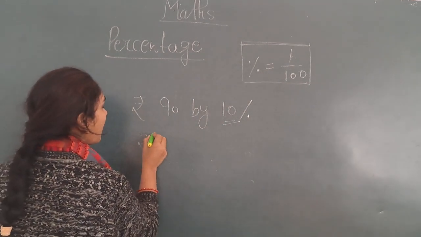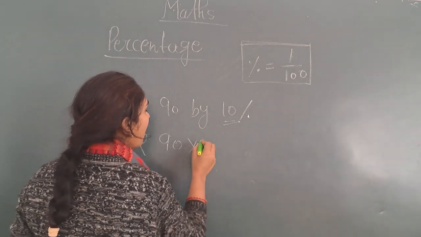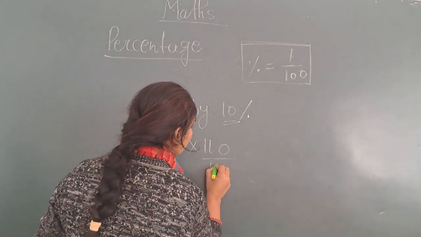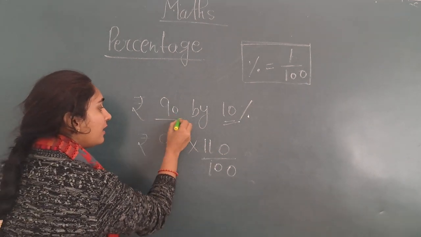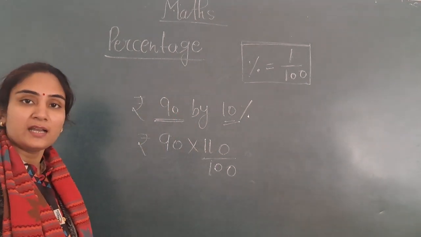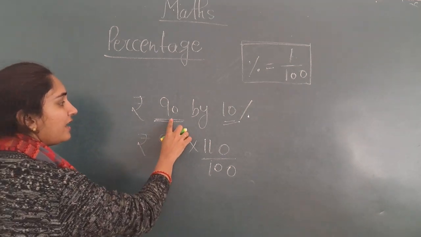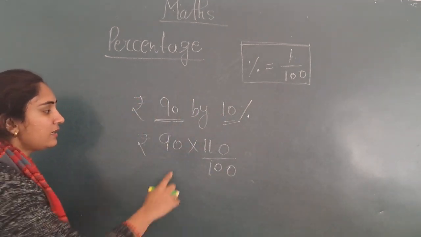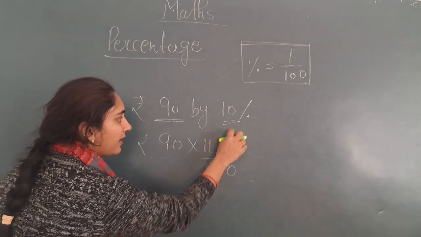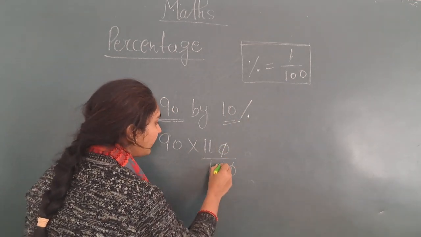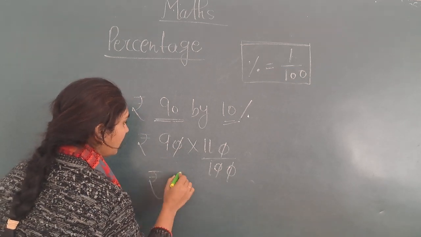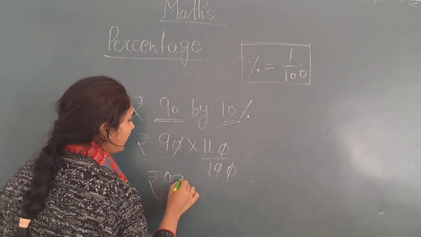So we take 100% of 90, because 90 is 100% in itself, and we increase it by 10%, so it will be 110 upon 100 multiplied by 90.